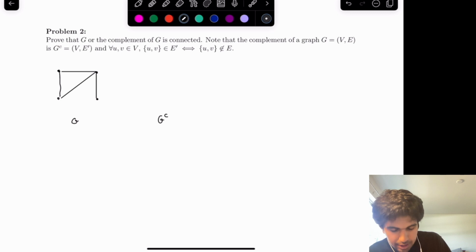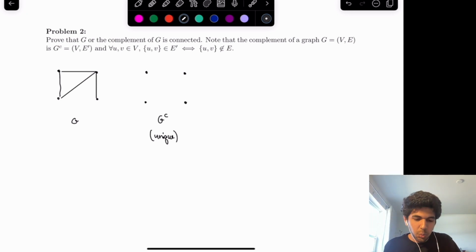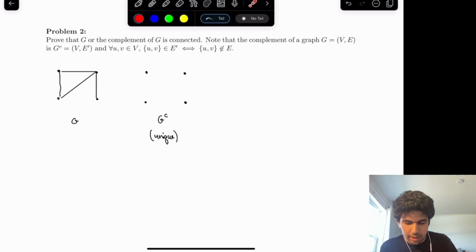Now each graph has a unique complement, meaning that there's only one of them, so there's always a correct complement, and it's defined on the same vertex set. So the way we find the edges of a complement graph is we look at the original graph and we see which edges are not present. Or equivalently, if I were to look at every single pair of vertices, if there exists an edge in G between them, then I will not draw an edge between them in G complement.